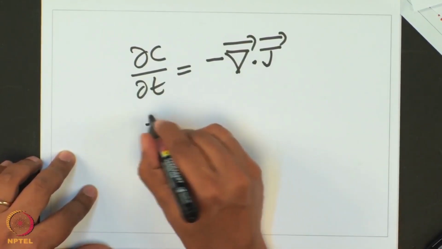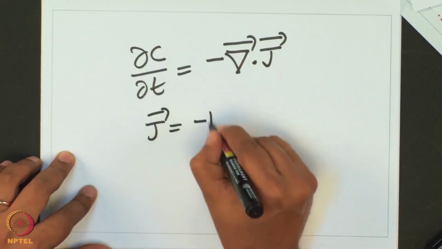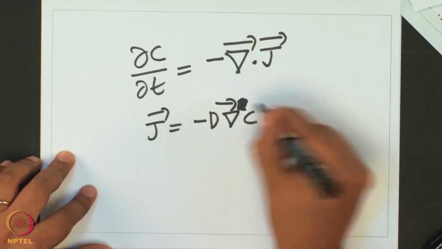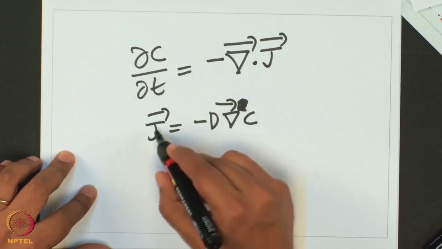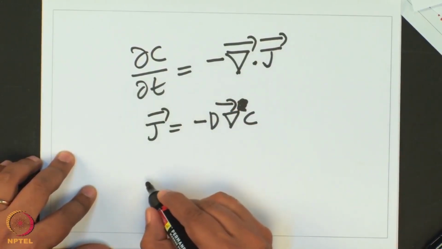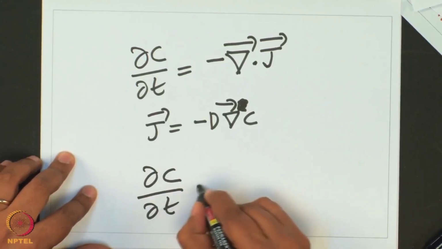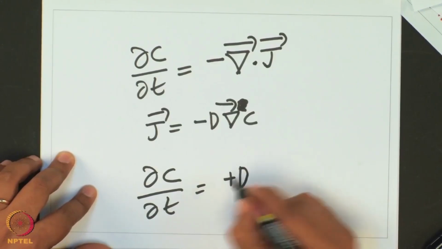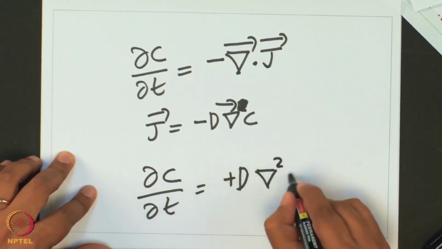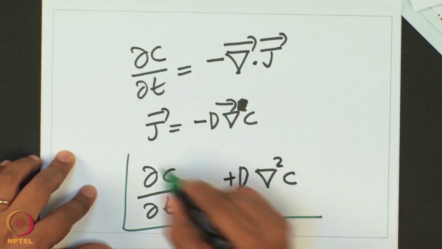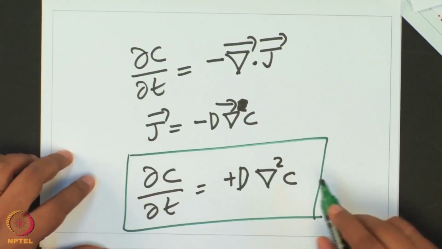Now, here you substitute the vector J is equal to minus D del C, where del is a vector. If I substitute here, I will get what we just discussed, del C by del t is equal to plus D del square C. Del square is the second derivative. So, this is the diffusion equation that we are saying.